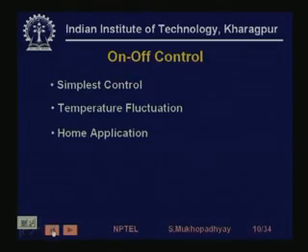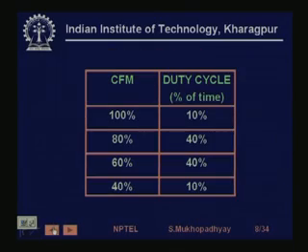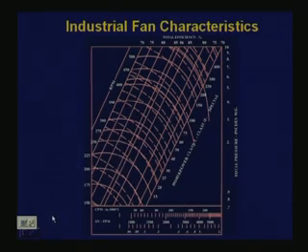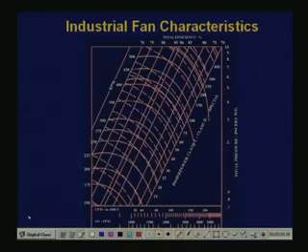So I am going back to the fan curve just to show you. Yeah, so we are at the fan curve. Actually, this has been calculated with a fan RPM of about 300.